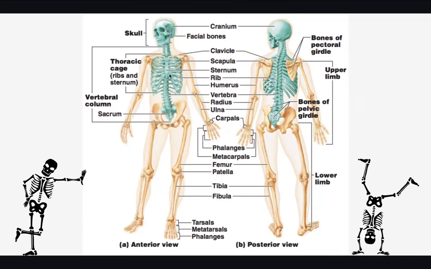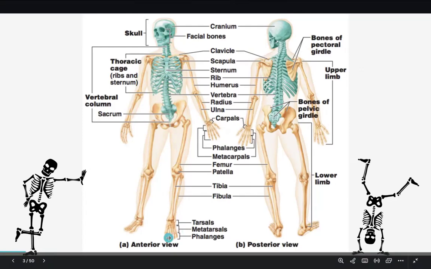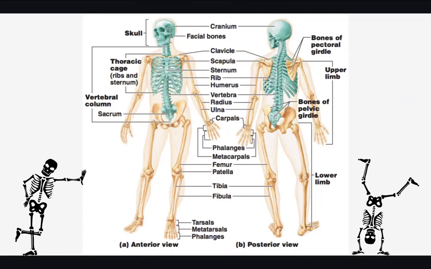The appendicular skeleton makes up our upper appendages, our arms and hands, and our lower appendages, from the pelvic area down to the toes, or the legs of our body.